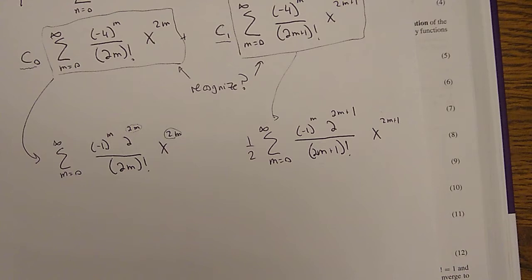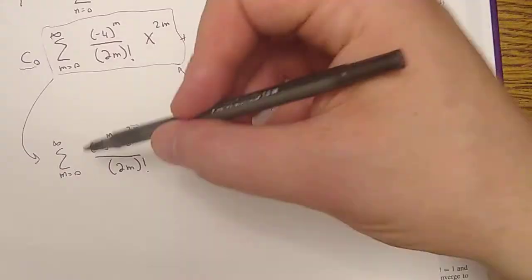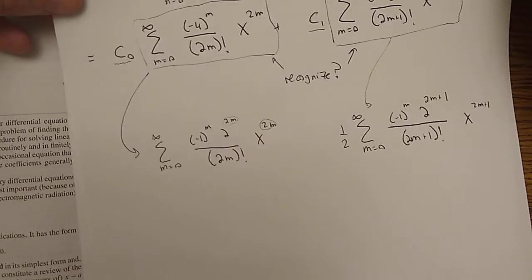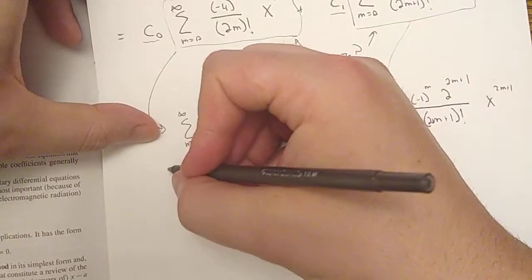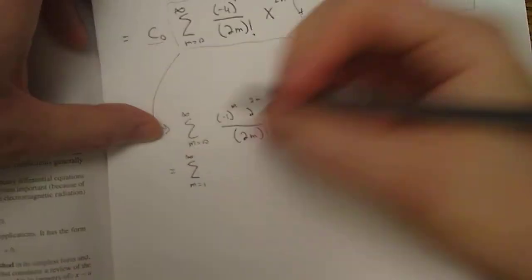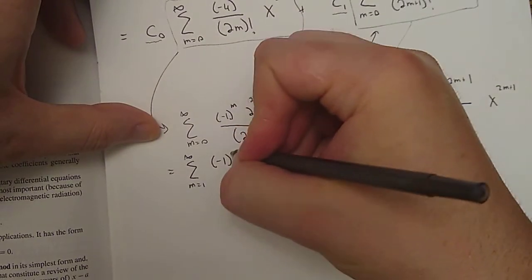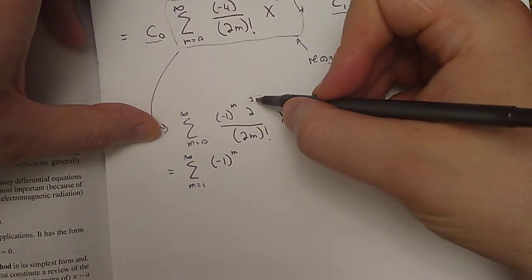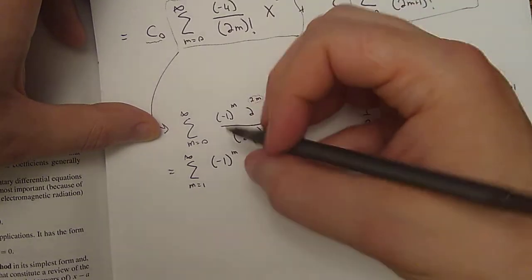And right, these are now more recognizable. Let me just do one more thing to show just how recognizable we can make this. Why did I make these the same power? Because I want to lump them together.